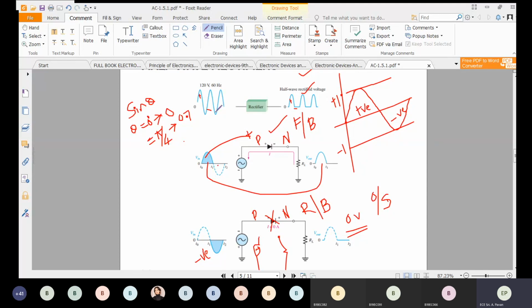For the second negative half cycle, the diode is reverse biased. Output is 0. For the third half cycle, the diode is forward biased again, and output will be same as input. So if you apply a sine wave to a half wave rectifier, this is the output. Why it is called half wave is because we are getting only positive half cycles at the output. That's why it is called a half wave rectifier.